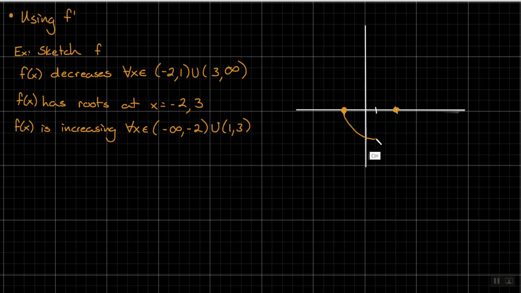Okay, and then if it switches to increasing when x equals 1, and I'm just guessing where this is, just so you know, I don't know how fast it went down. But if I curve back up, am I now increasing from 1 to 3? And then what's my function do past 3? It decreases. Does this function have a root there and do exactly what it just told me?